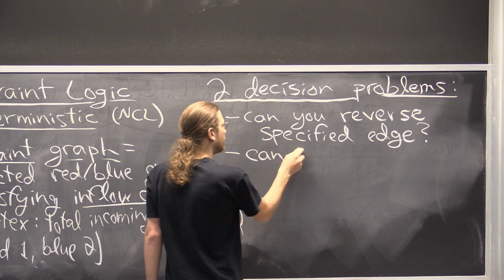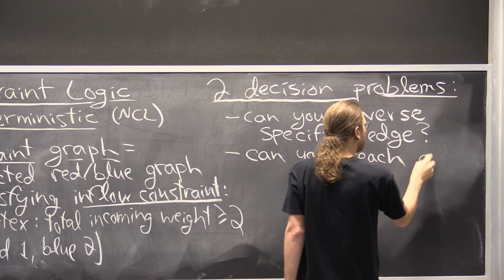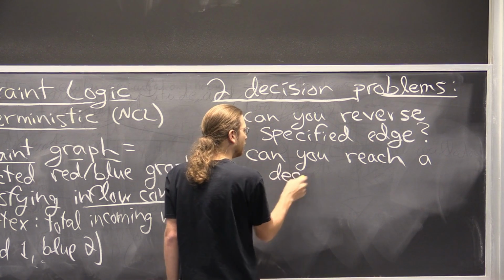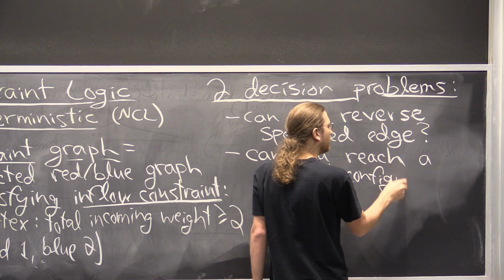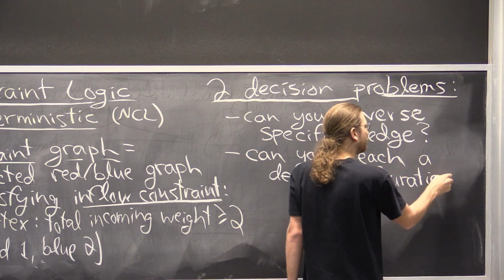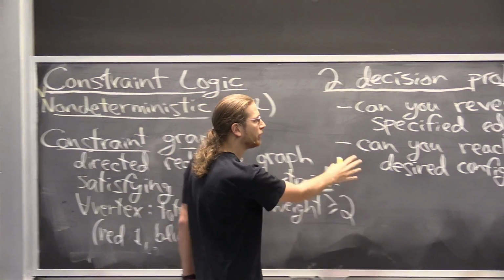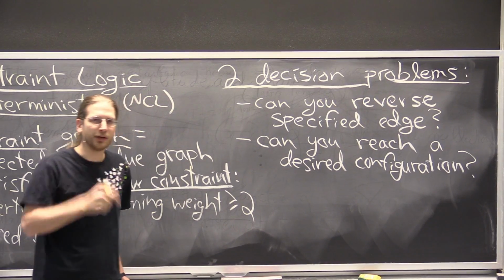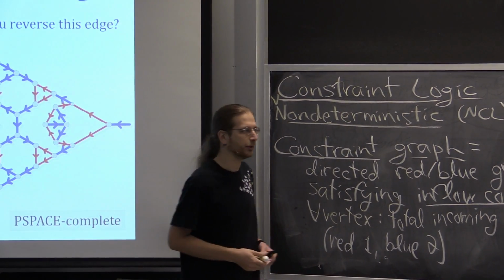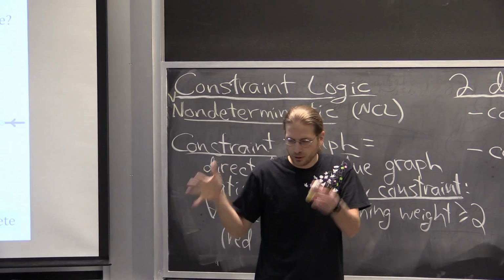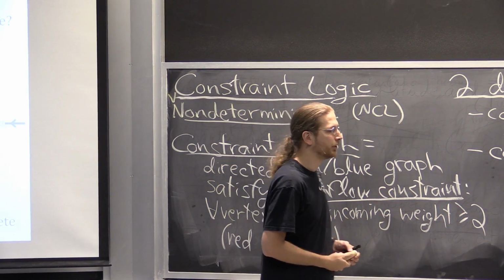Another problem would be, can you reach a desired other constraint graph? So I give you an entire configuration and another orientation of the graph that's consistent, and that gives you more information. I don't just say I want to flip this edge. It will actually be I want to flip this edge and no other edges. It's going to be the typical setup. But in general, I give you one configuration and another, and I want to know, can I get from here to here by a sequence of single edge reversals?